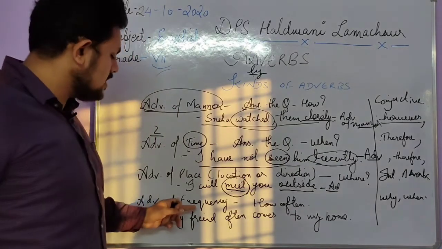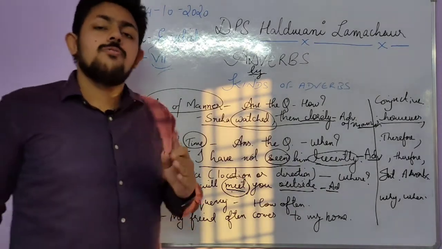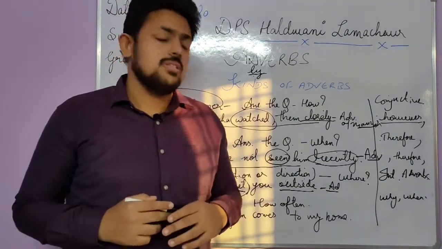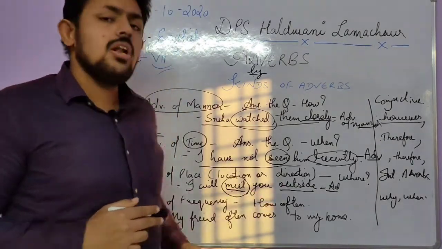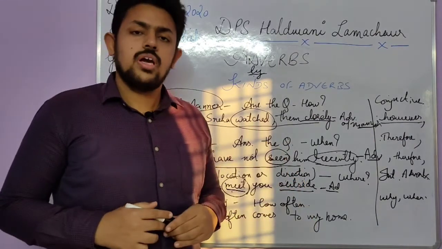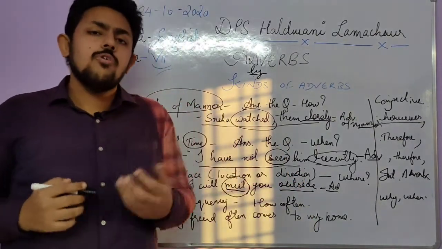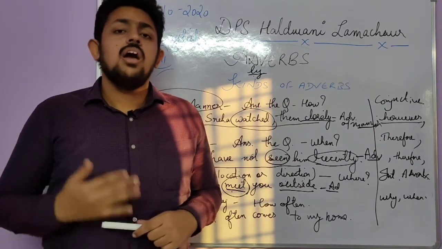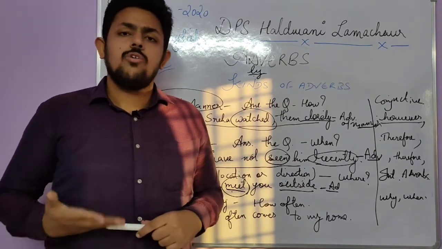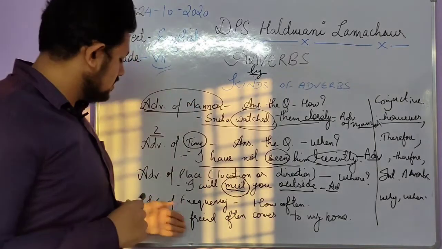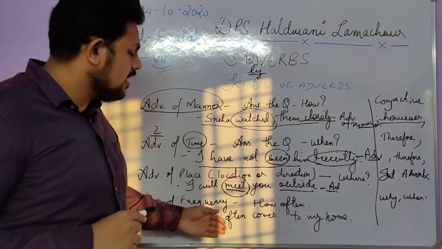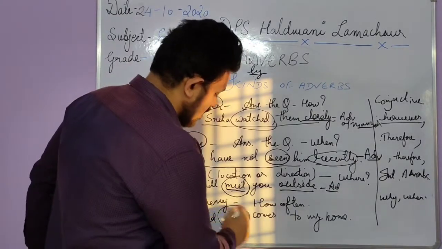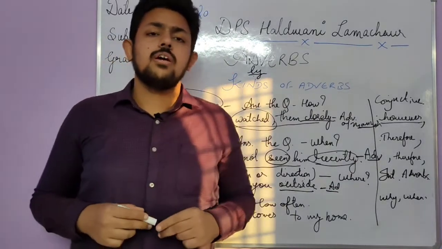Now coming to the last, adverb of frequency, that is how often something happens. So it answers the question how often. Something happens, but how often does it happen? How often do you sing? How often do you play? How often do you study? How often do you dance? See the example. My friend often comes to my home. So when does your friend come home?